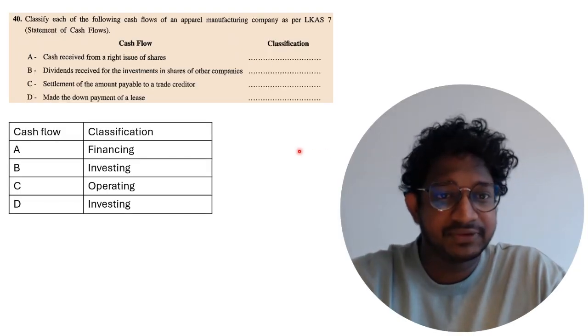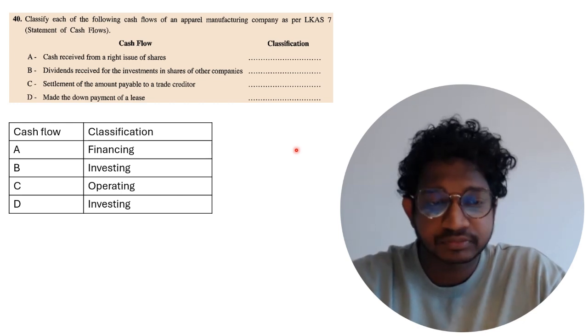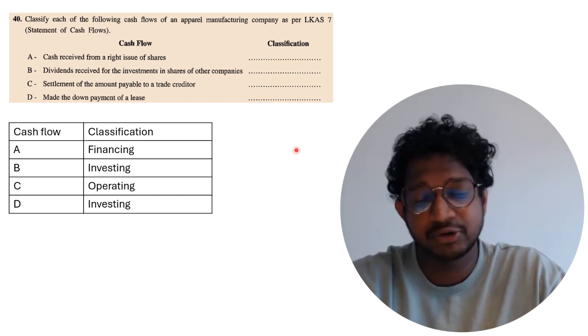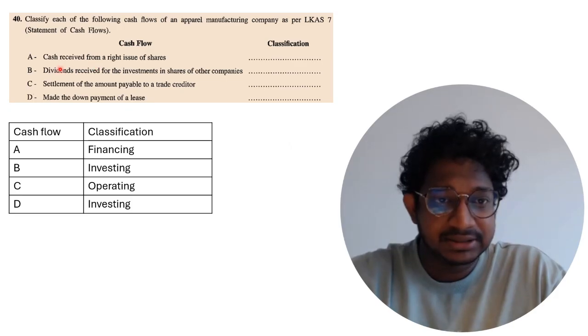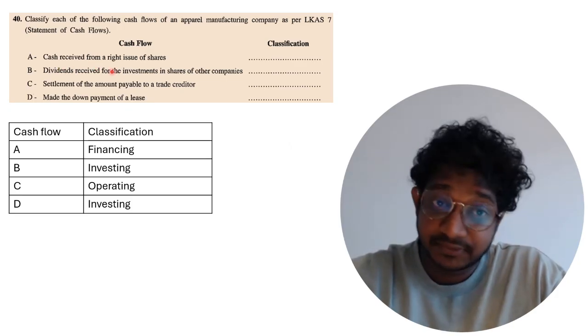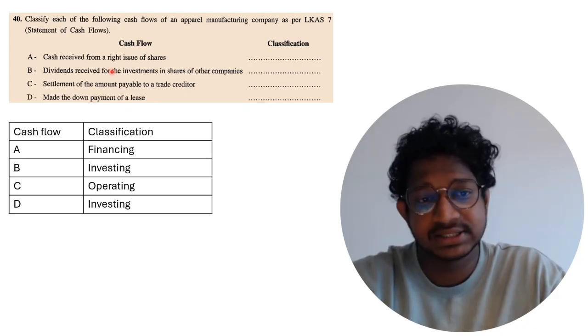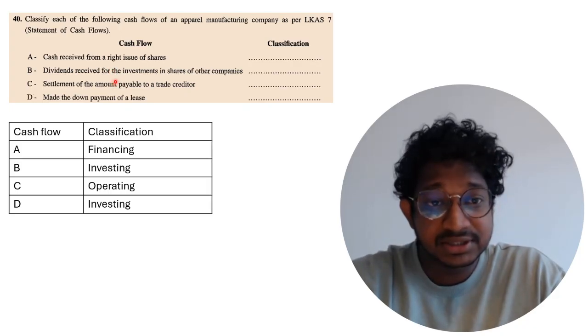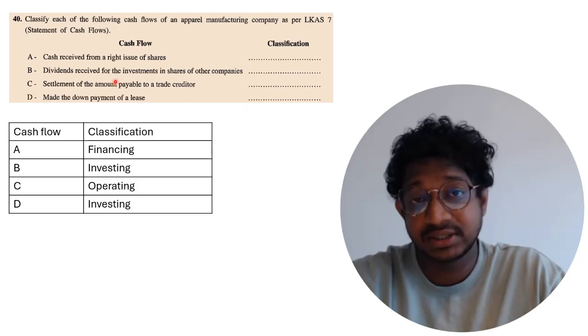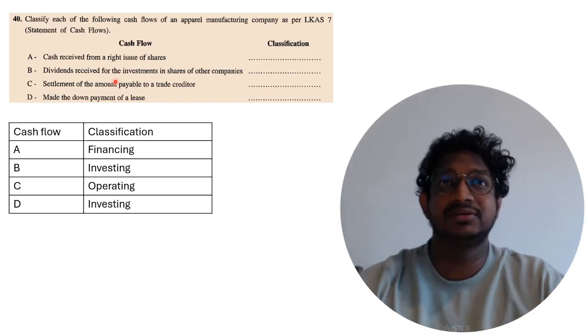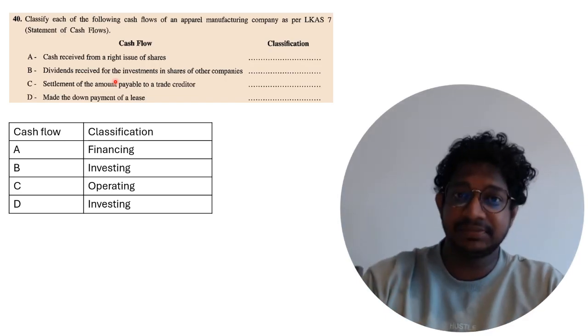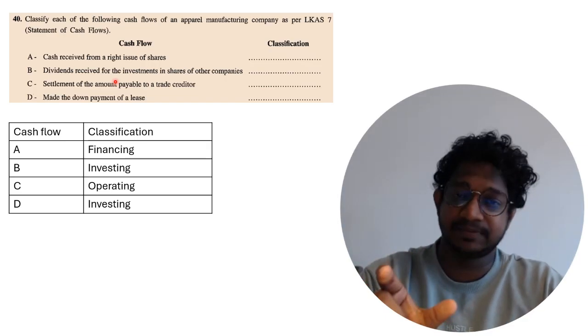Question 40, they are asking to classify the following cash transactions as financing, investing, and operating, right? Cash received from a rights issue of shares is financing, you are funding the business, so it is a financing activity. Dividends received from the investment in shares of another company: when you are investing in shares of another company, that is an investing activity.